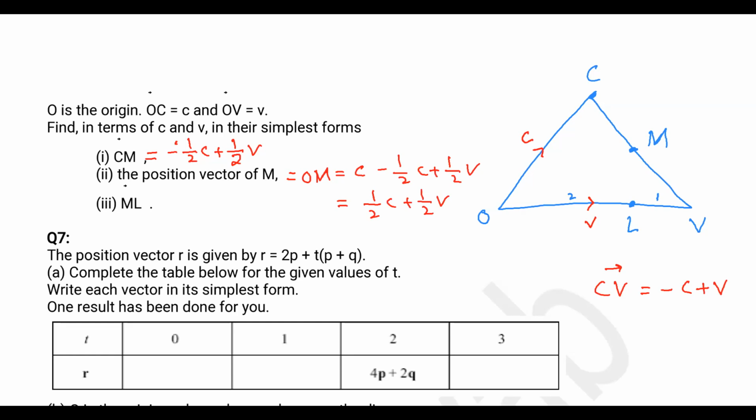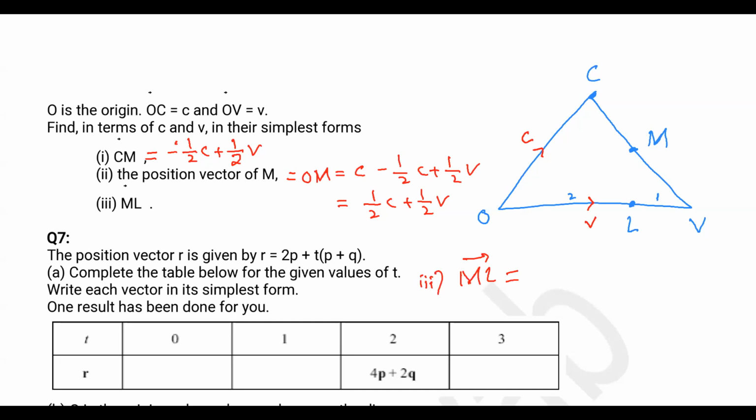Last is ML. How to find ML now? Yes, Raha Shahid.